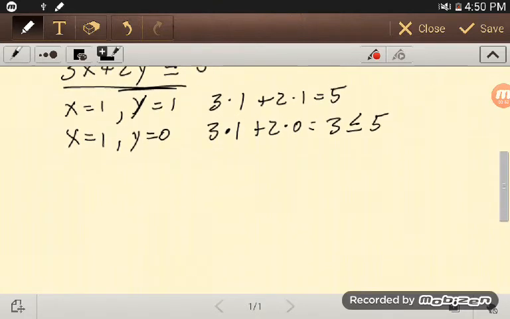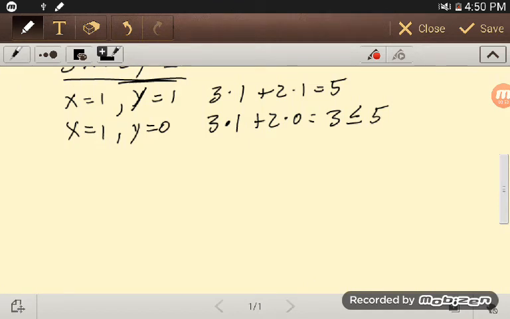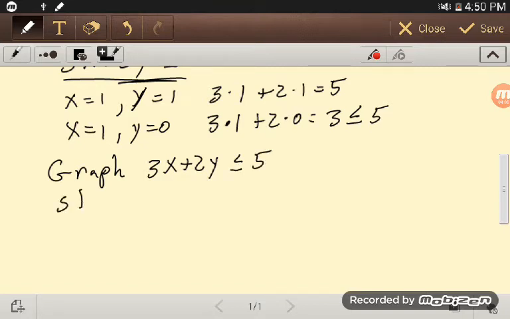Basically, the way we do that is, if I want to graph 3x plus 2y is less than or equal to 5, I start with 3x plus 2y equals 5.